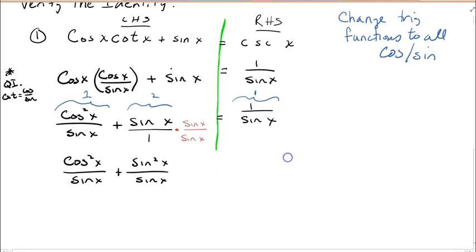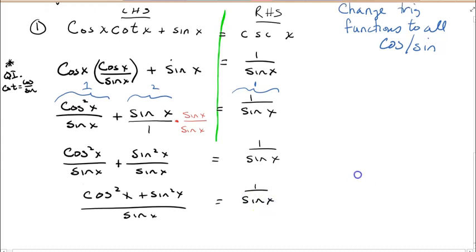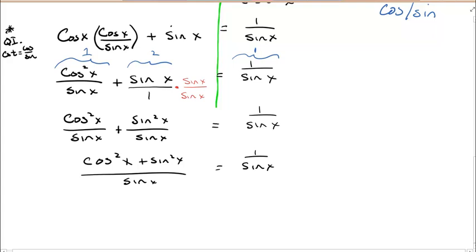I now have my common denominator, so I can put it as one fraction. Keeping in mind what we have posted on the other side, because we did change cosecant to 1 over sine. Do you see it? Cosine squared plus sine squared, we know, equals 1 by the Pythagorean identity. So make that 1 over sine x equals 1 over sine x.